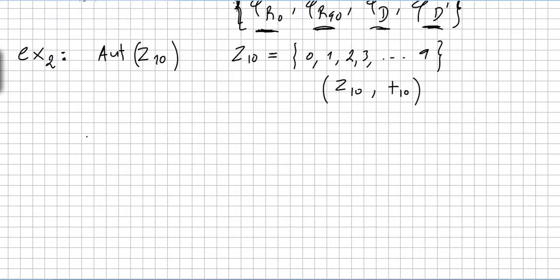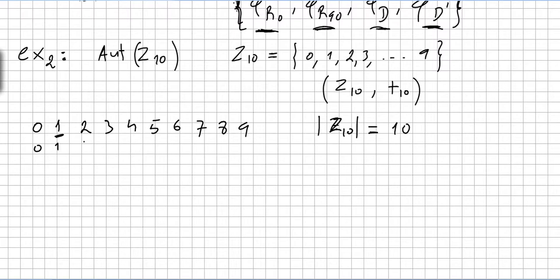So if you want to find the automorphisms of Z10, I like to think this way. Imagine you have 0, 1, 2, 3, 4. The order of Z10 will be 10, right? Now, if you multiply every single element by 1, you'll get 0, 1, 2, 3, 4.